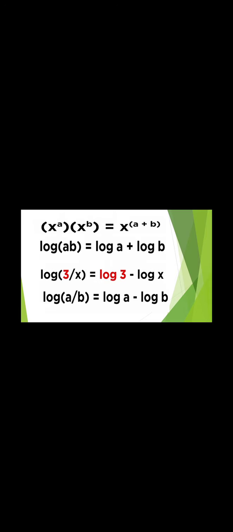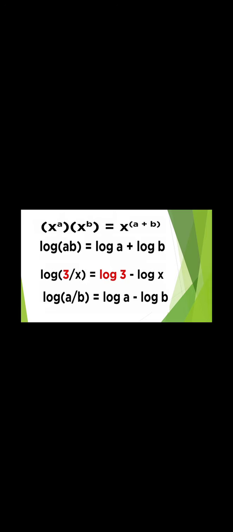Because logarithms are essentially exponents, it should follow that for any base, including base 10, which we will assume for the time being, log of AB equals log of A plus log of B.